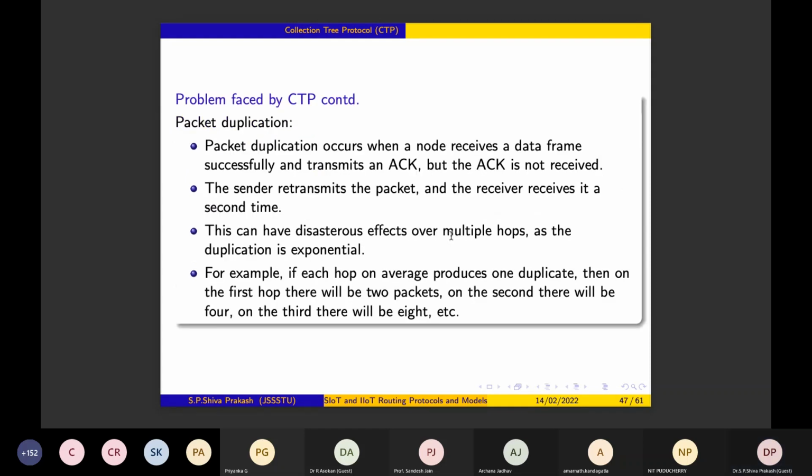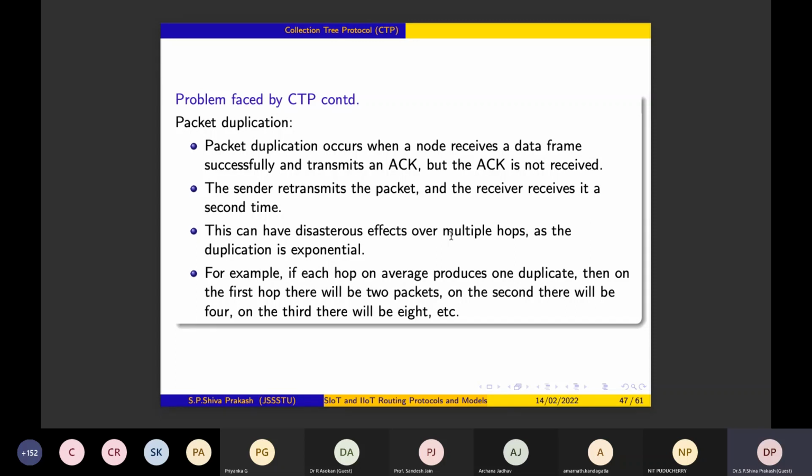Packet duplication is another problem, which can occur when a node receives a data frame successfully and transmits an acknowledgement, but the acknowledgement is not received. So the sender retransmits the packet and the receiver receives it a second time. This can have a disastrous effect over multiple hops as the duplication is exponential.